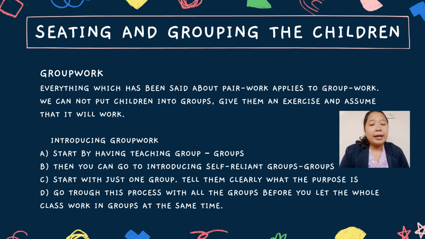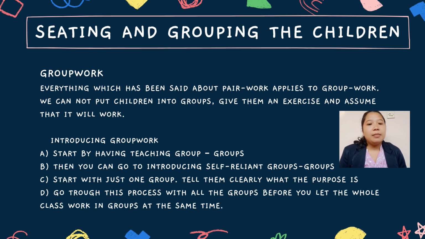Then you can, as a teacher, introduce them gradually to group work. The first one is to start by having a teaching group, a group which you teach separately from the rest of the class. This allows you to give some students more individual attention, and then you can go on to self-reliant groups which are given something to do on their own, with the teacher only giving help when needed.